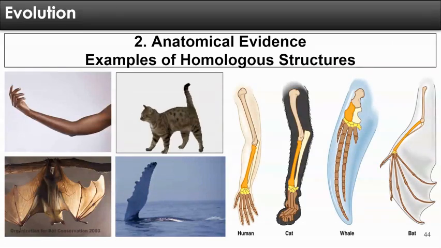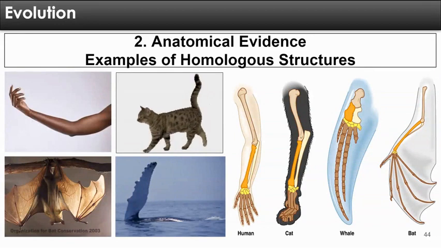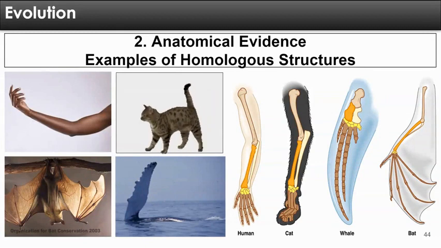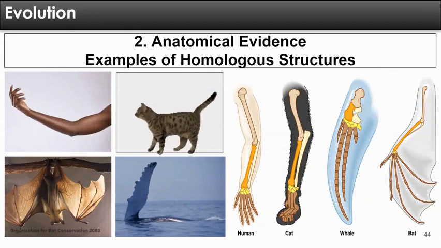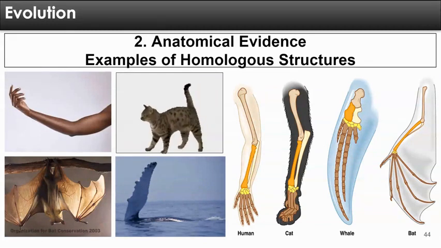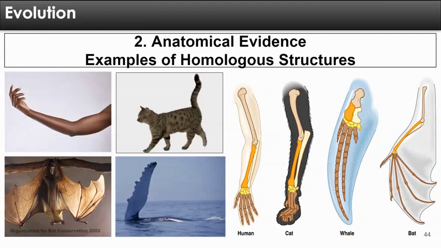Some more examples of homologous structures on slide 39. You'll notice that the coloration highlights the bones that are similar, so structurally similar. The yellow bones across all 4 organisms show that there are similar structures.